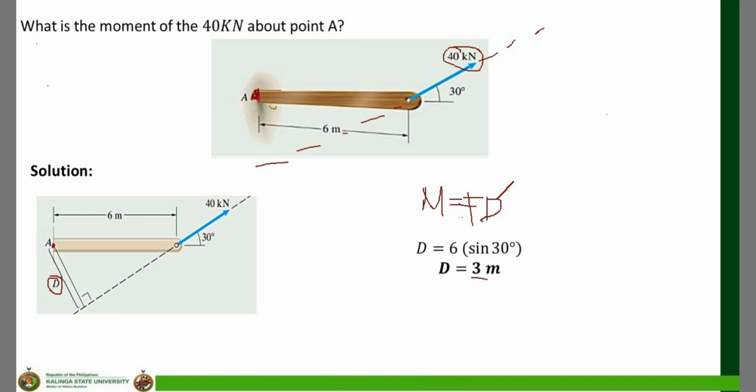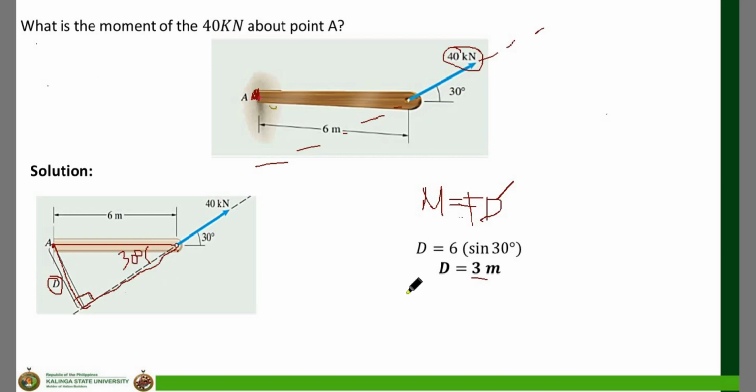Now, where did the 3 meters come from? As we can see in this diagram, there is a right triangle here. Since it is a right triangle, we can use the trigonometric functions we learned in our trigonometry subject to find this distance D. From vertical angles, if this is 30 degrees, this is also equal to 30 degrees.